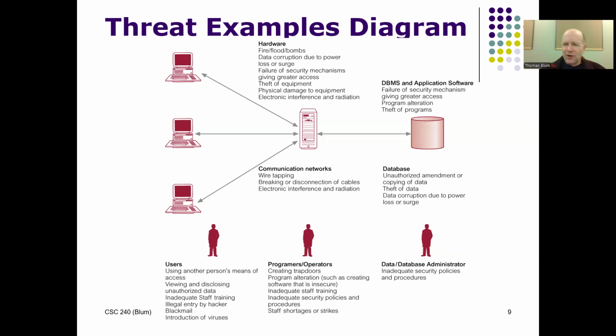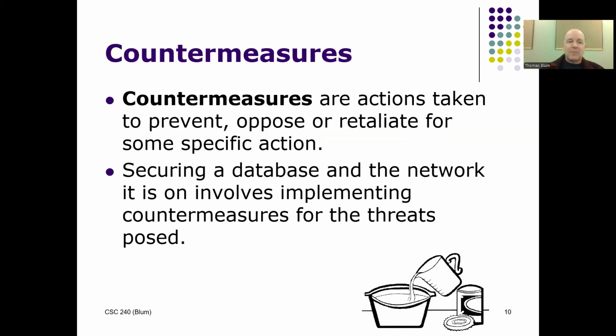So you've got to worry about what could go wrong with the hardware, what could go wrong with the software, whether people know what they can and can't do, and then whether we've put in the measures to make sure that is true. That brings up measure or countermeasure.